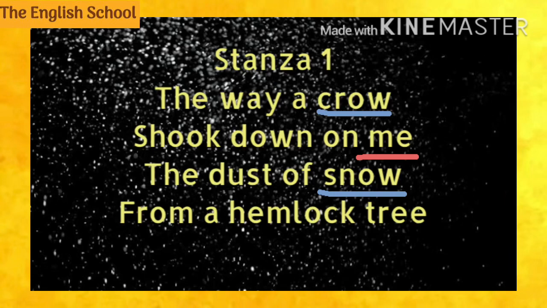So snow also becomes A. The last word is tree, which clearly rhymes with me, which is B. Hence the rhyme scheme AB, AB. You can check the second stanza also, it will have the same rhyme scheme.